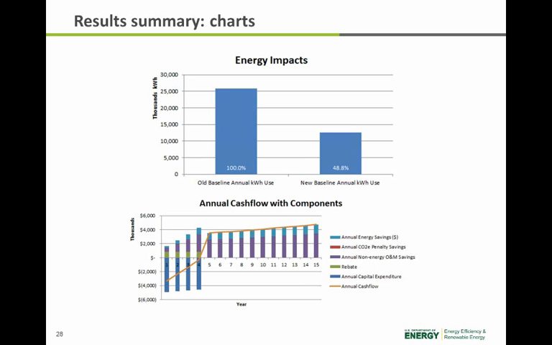So the deep negative blue bars for the first 4 years in that chart represent the capital costs, and subsequently you see that there are only positive cash flows. And in this particular example, the O&M costs actually largely outweigh the energy costs, and that's not necessarily surprising with LED fixtures given their long fixture lives.